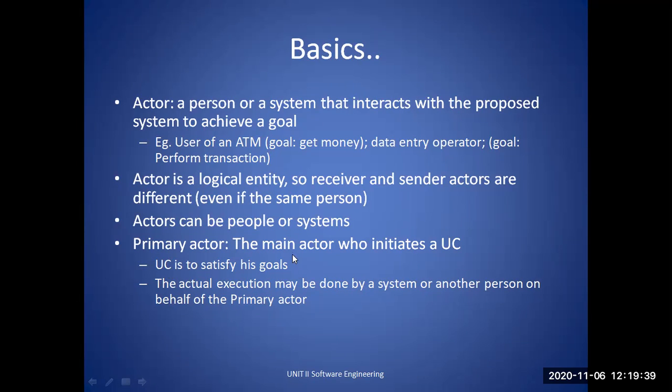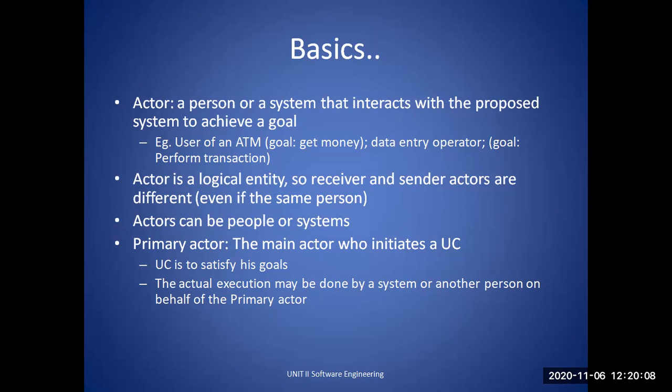Let us say, product buying. Product buying is one kind of a case or a scenario or some kind of task. It is intended for the customers. So who will buy the product? Customers will buy the product. So here the use case is nothing but buying a product. So the actor is the customer.